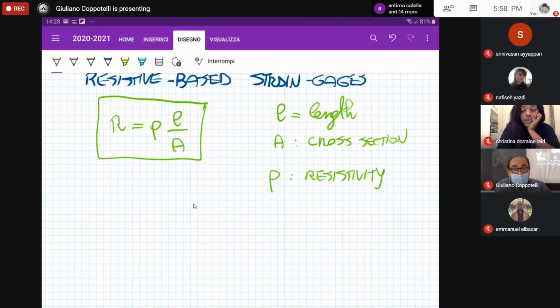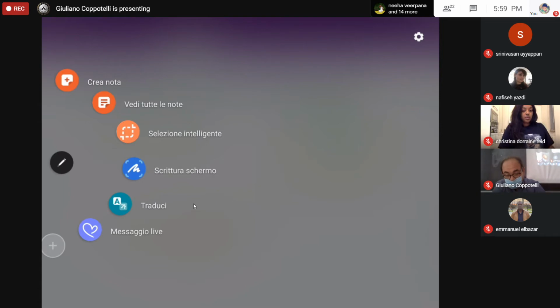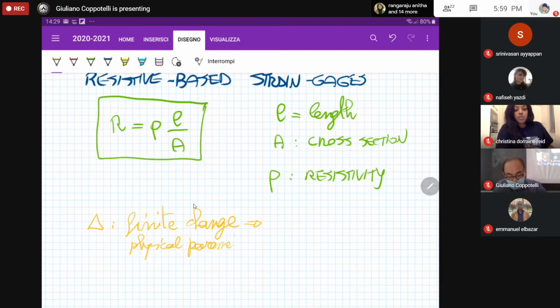Now, as we can see here, we are considering a resistor that is having a finite change, okay? Now, let's assume that because of the change, there is a general change of the physical parameters.